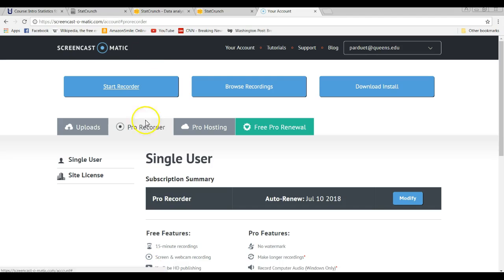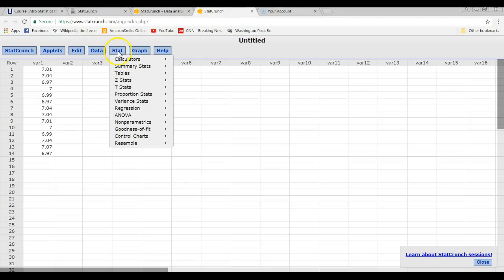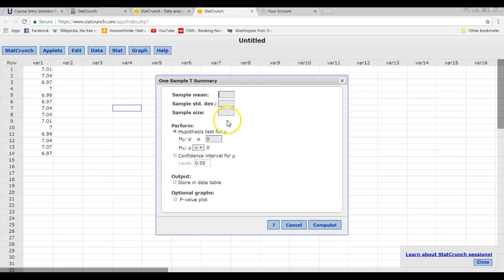So we go over to StatCrunch. We just go to Stat, t-stats, one sample with summary, because they've given us the summary statistics here. We have a sample mean of 65 minutes, a sample standard deviation of 17 minutes, and that's based on a sample of size 25.